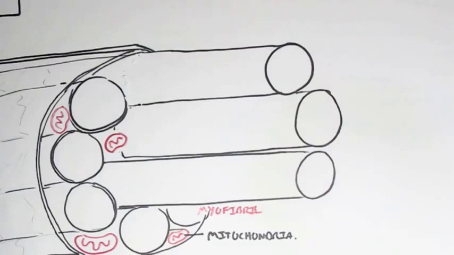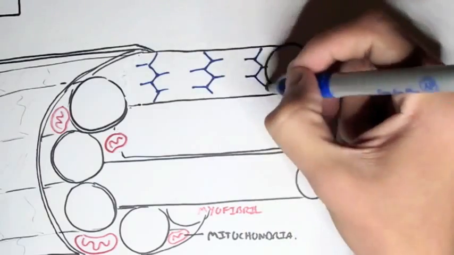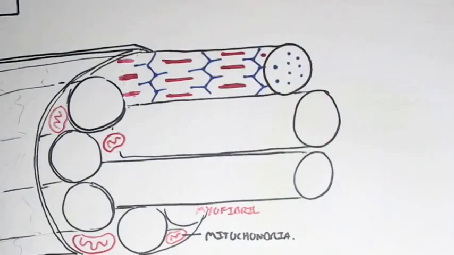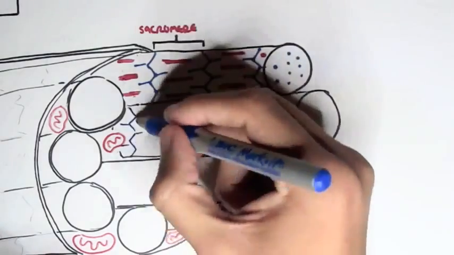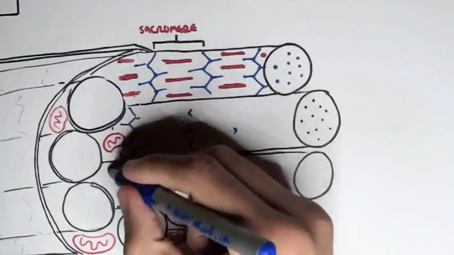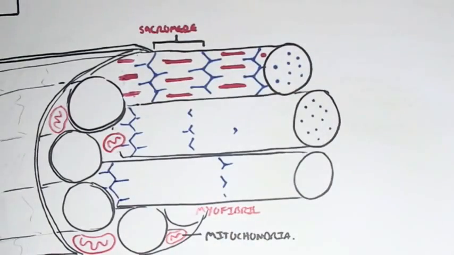So if you remember, the myofibrils contain thin and thick filaments. Here in blue is the thin filament, and in red the thick filaments. From one Z line to another Z line of the thin filaments is what we call a sarcomere. And so we have this within each myofibril.